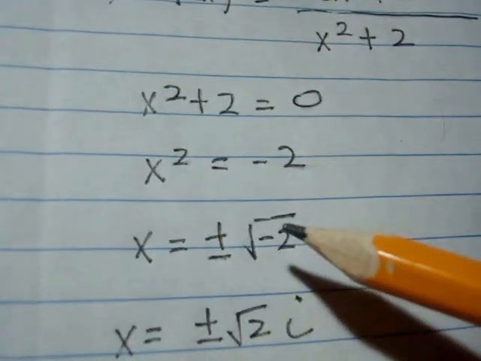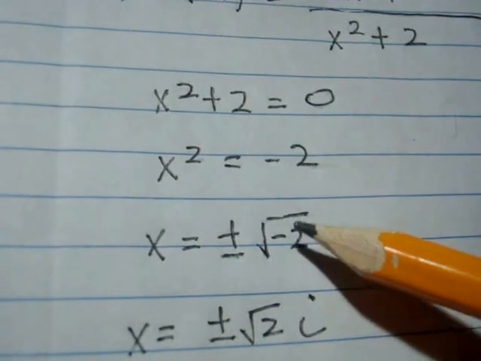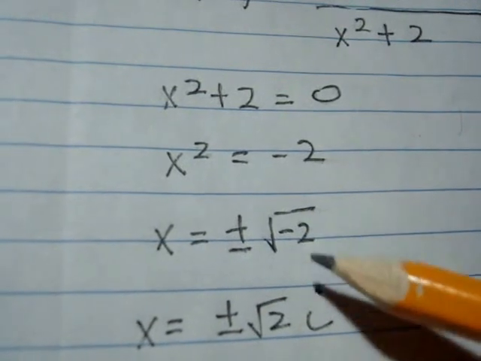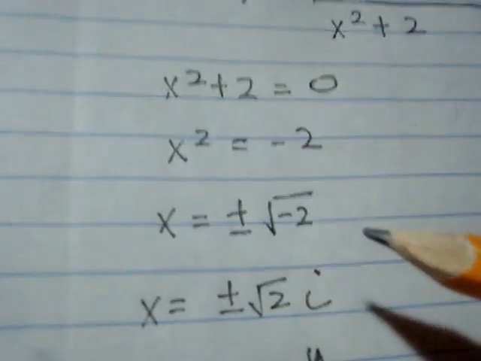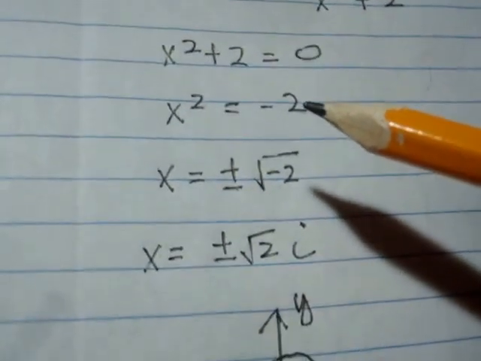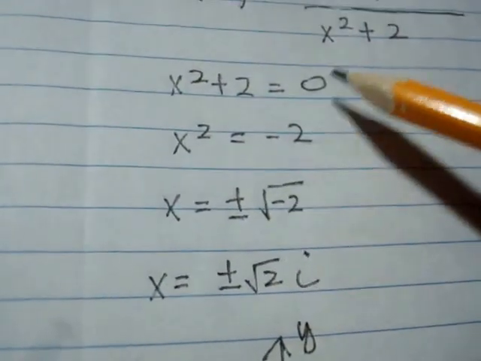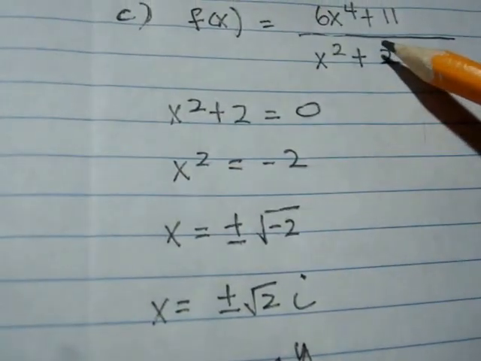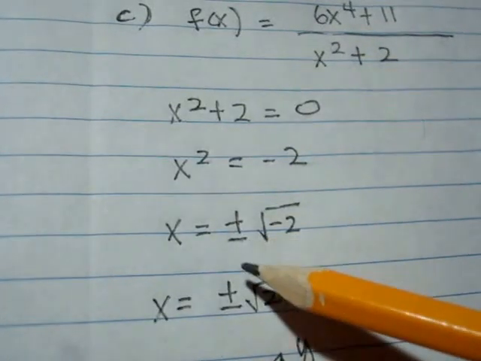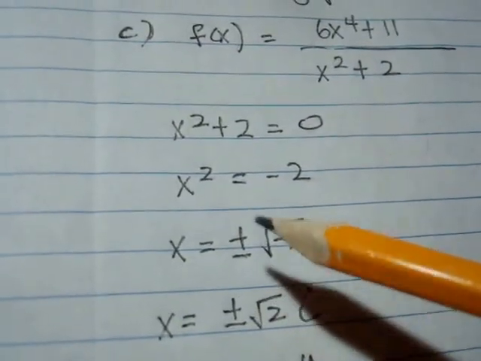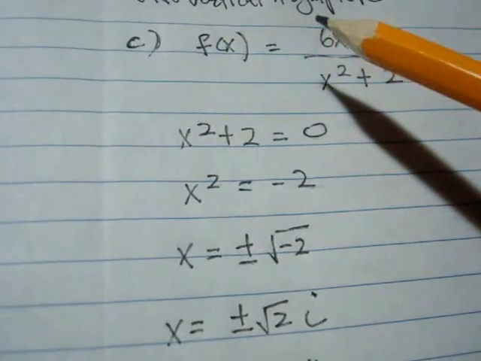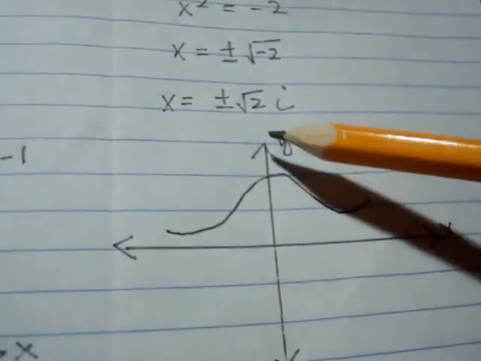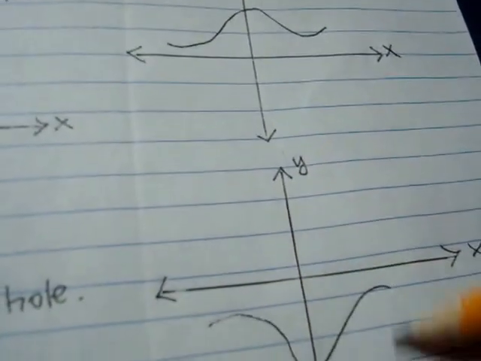To get rid of the negative 2 inside the radical, you put an i outside. But notice that whenever you encounter this kind of problem where the denominator comes out to be a complex number, you have to recognize that you will not have a vertical asymptote, and the graph will look something like this and something like this.